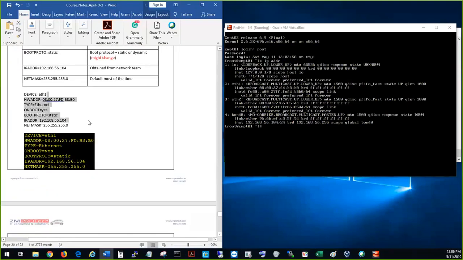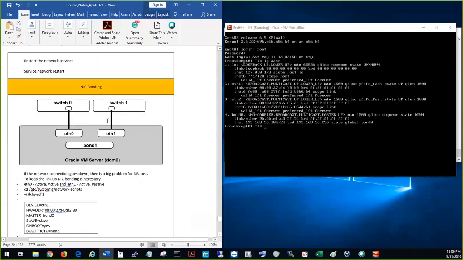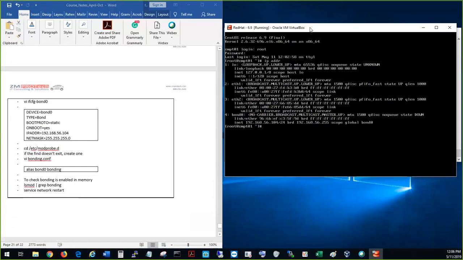So that's why even though we gave it a physical IP here for bond0, it's not going to take. So I'm going to edit the bond0 file and give it a random IP that the router has not used.